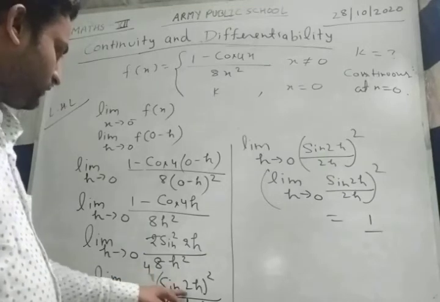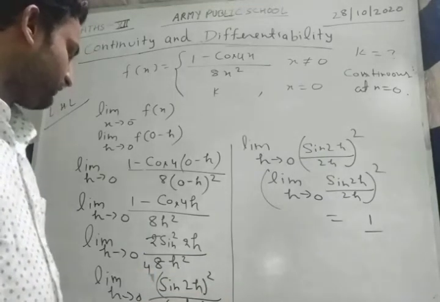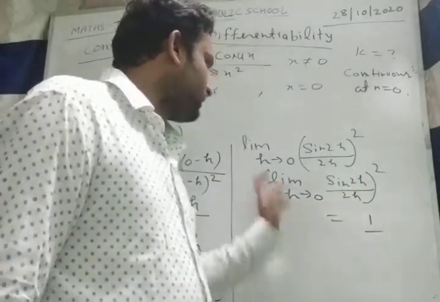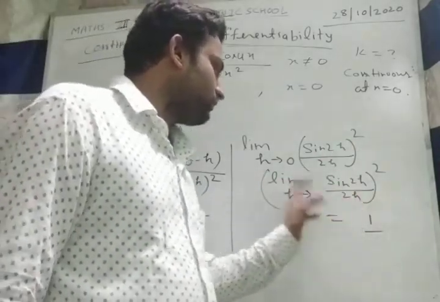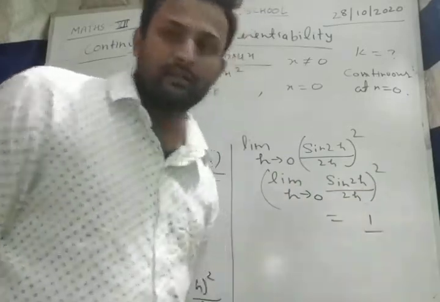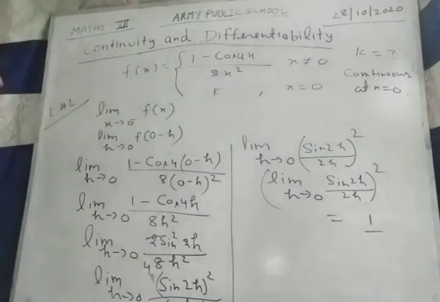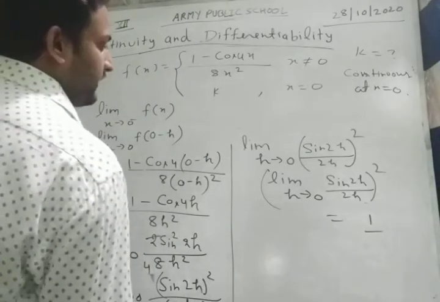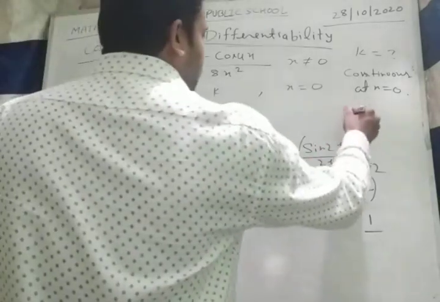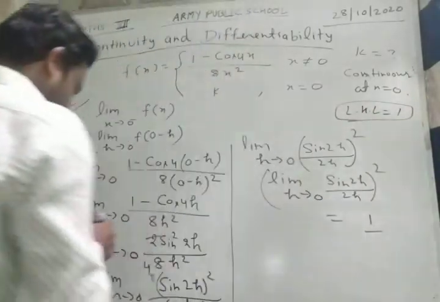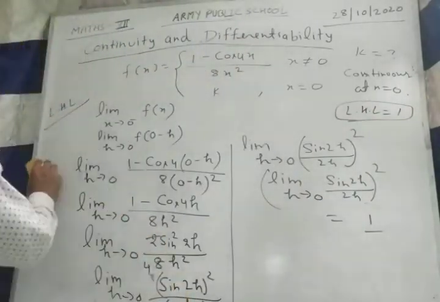So we get limit of (sin 2h / 2h) whole square, and the value of this is 1. So our left hand limit is 1.